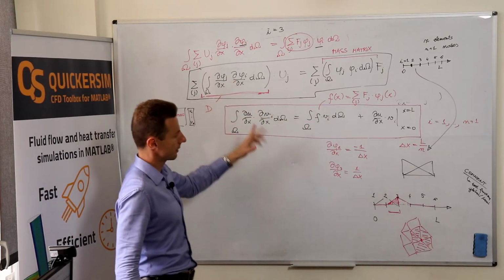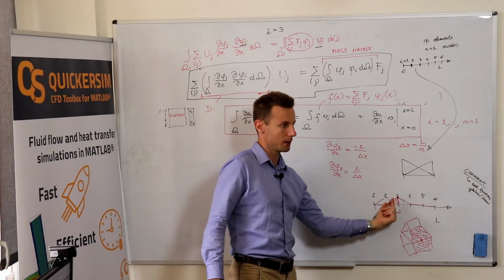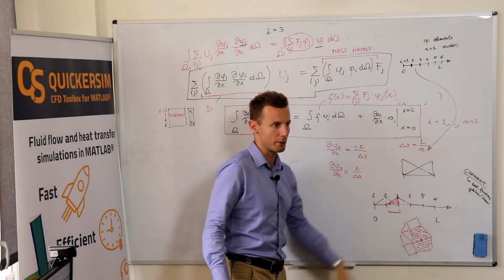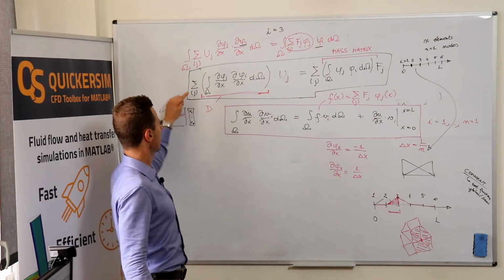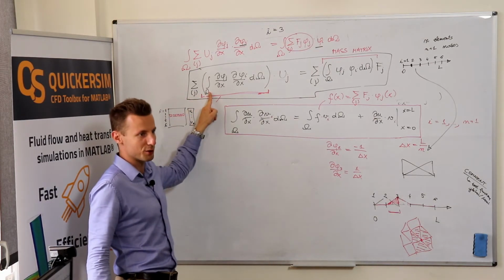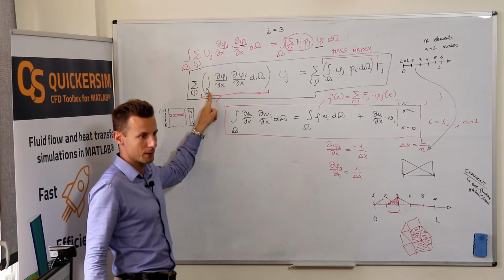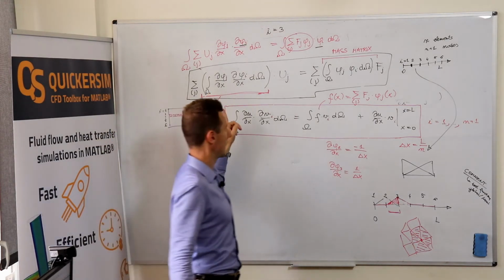Well, if you've got the gradient, same thing, it's non-zero here and 0 everywhere else. So we already know that we do not need to integrate over the whole domain, just over the adjacent elements.